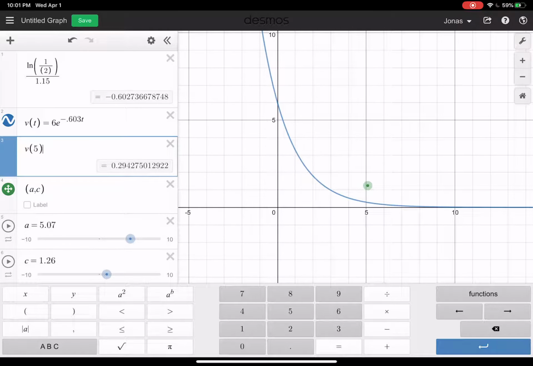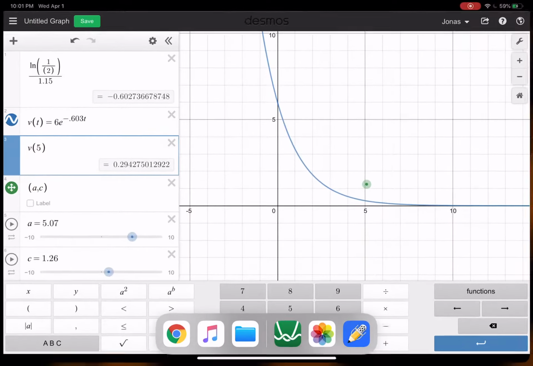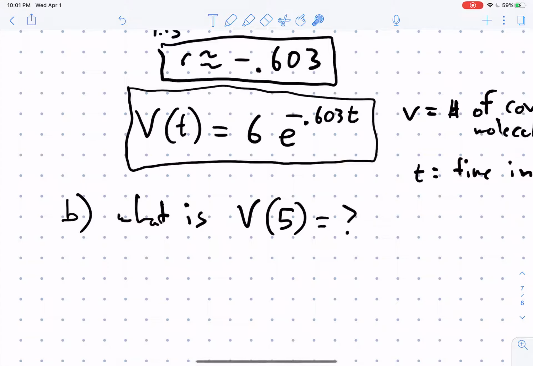And what is v of 5? It's equal to 0.294, and I'm just going to round that off to 0.29. Let's go back. We'll record that. This says that v of 5 from Desmos is approximately equal to 0.29.